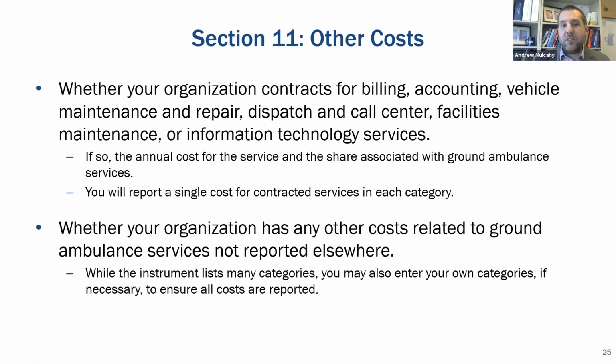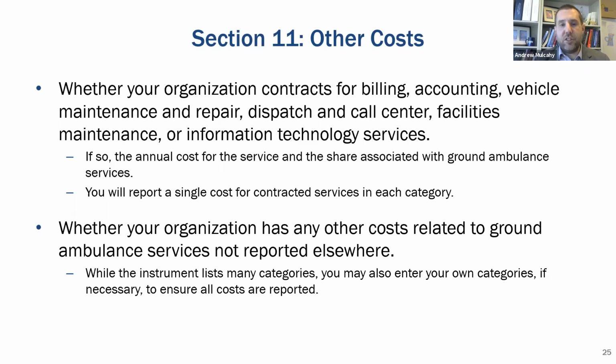Then we get into section 11, which is a bit of a catch-all. If you're going through the instrument and you have an expense on your books that you haven't reported up to section 11, my advice is to find a home for it in section 11 so that you can include it in your reporting. There are two main parts to section 11. The first one asks about broad contracted services.